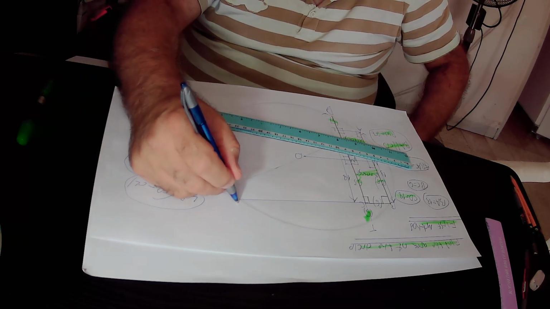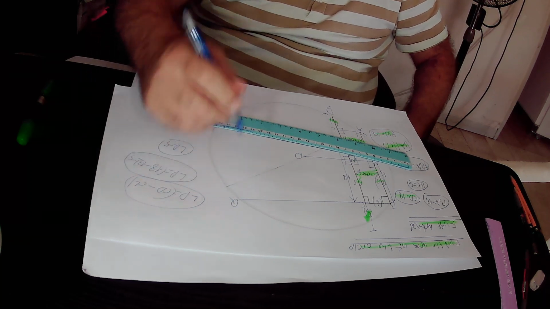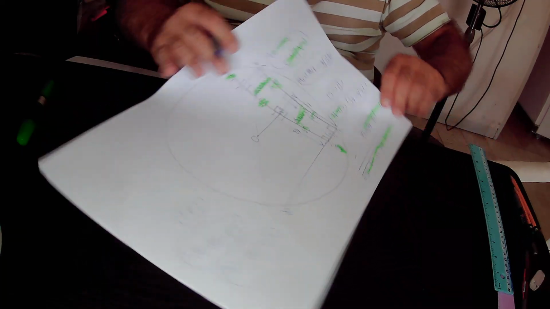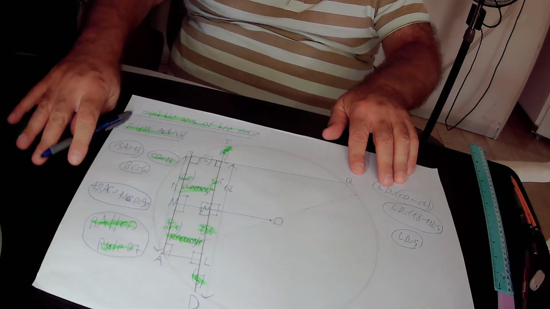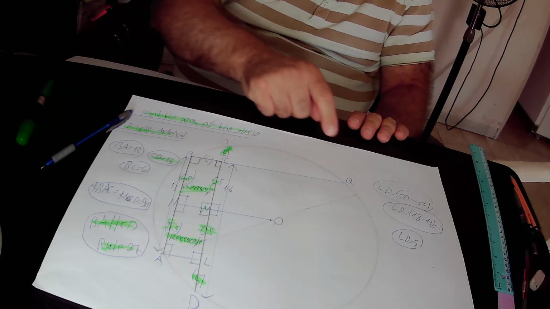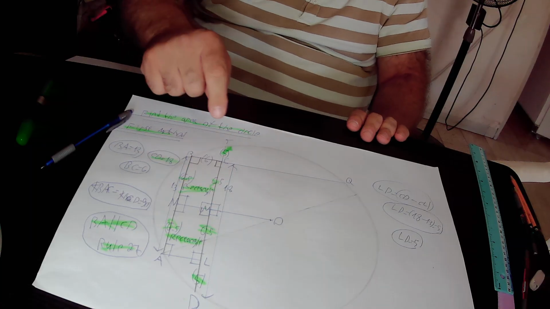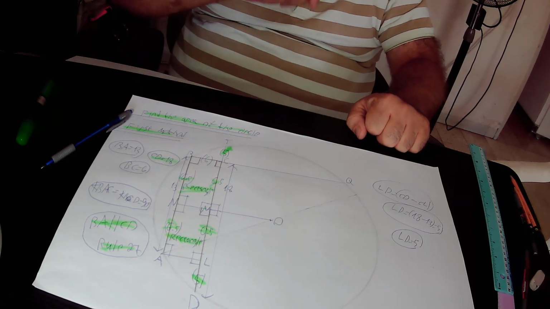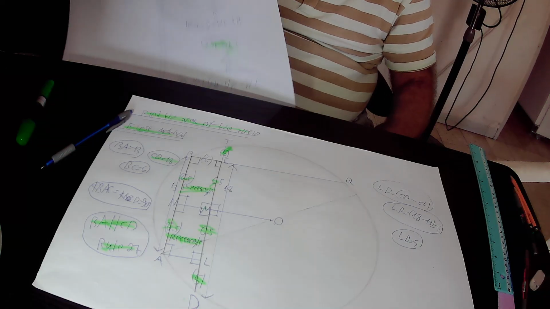This point is point Q. By doing this construction, we created chord BQ. Chord BQ intersects with chord TD at point C. So I write it down.